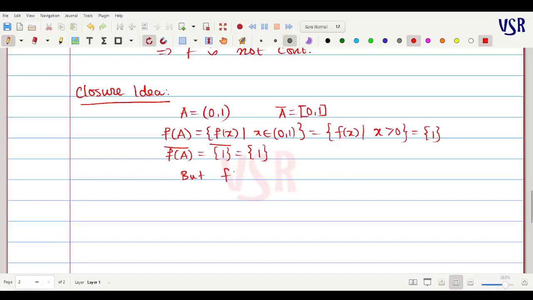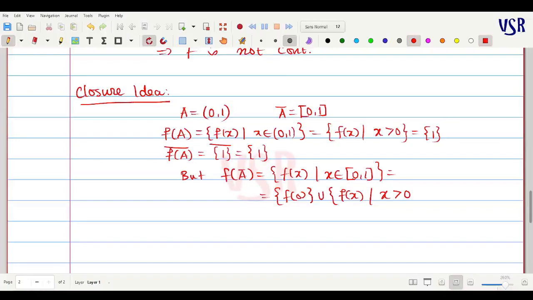But f of the closure of A is the set of all f of x such that x belongs to the closed interval [0, 1]. That means x can be positive and also 0. So this is f of 0 union f of x where x is greater than 0. At 0 the value of f is 2, and everywhere else it is 1.